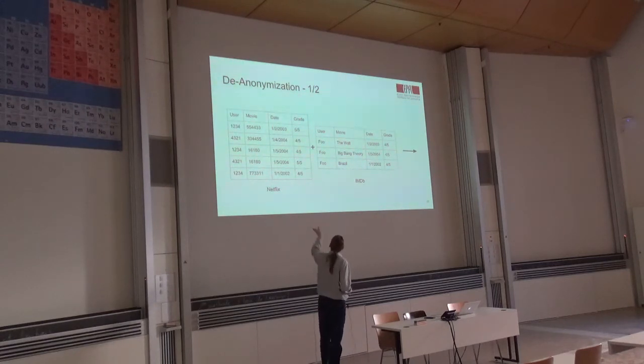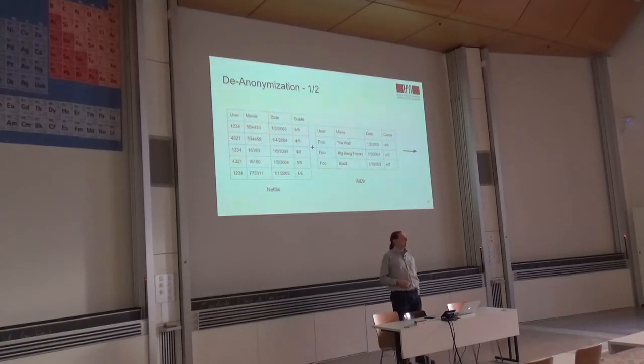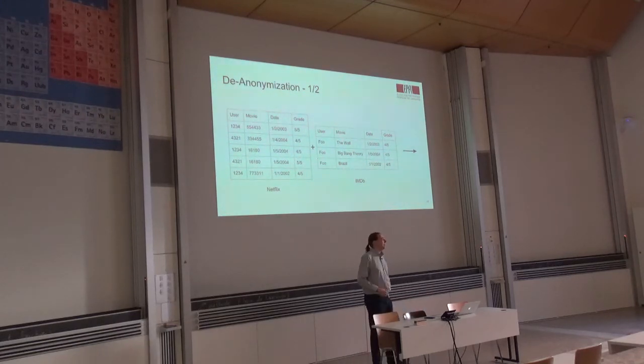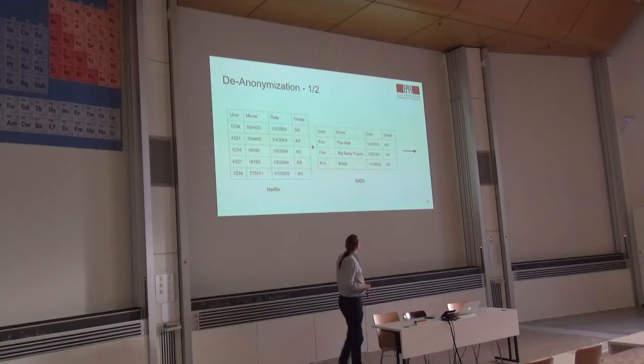You can figure out that this particular person likes these particular movies, dislikes these other movies, and you build up enough correlation across enough of those data points that you get pretty certain this is probably the same user. It's not absolutely certain, but in some cases, you get enough of those points that you get pretty much full certainty. Now, why is this a problem, though?